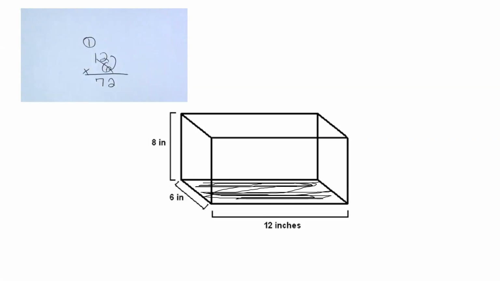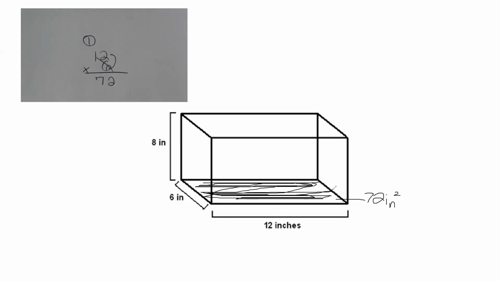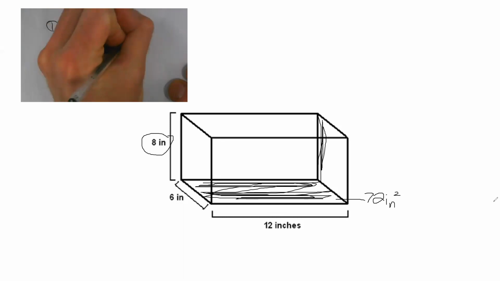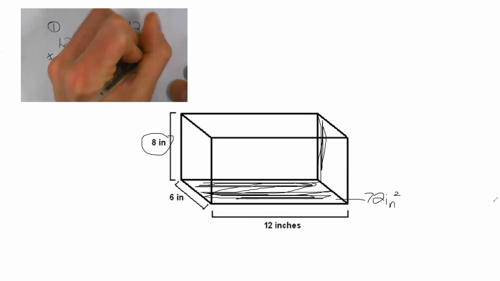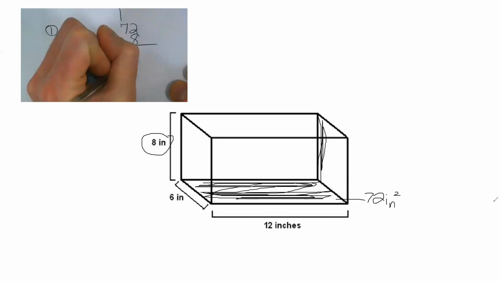So what do I know? I know this area, because it's flat, is 72 inches squared. But it's not a flat object for real. This object is 72, but it goes up and down this high. So it's 72, 8 inches up and down, right? So how do I find the volume? I take my 72, multiply it by 8. 8 times 2 is 16.